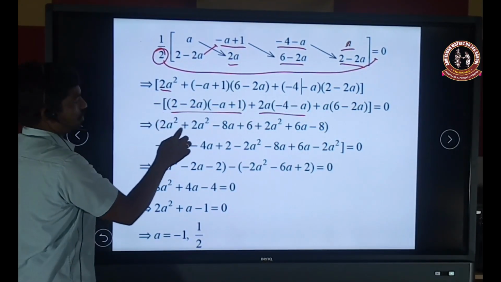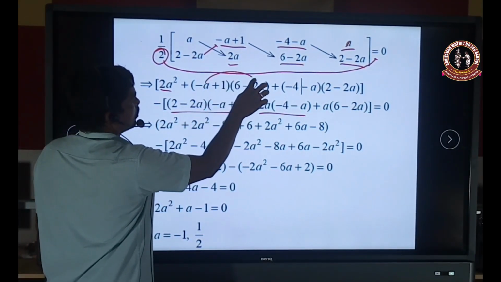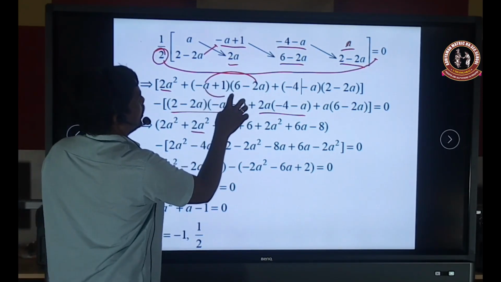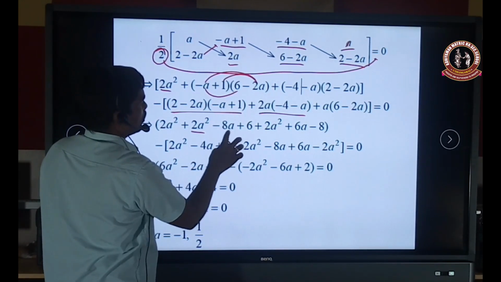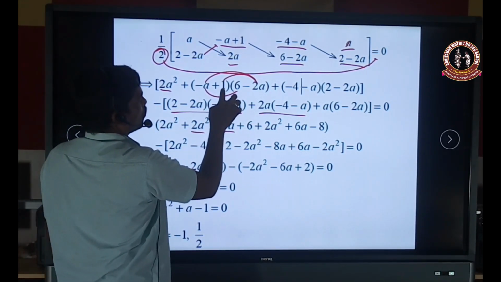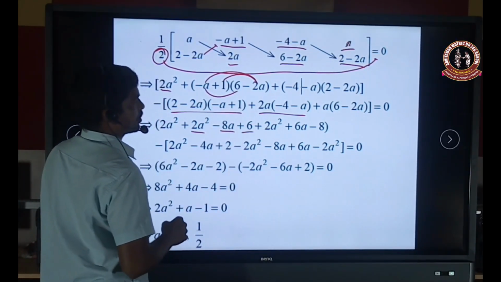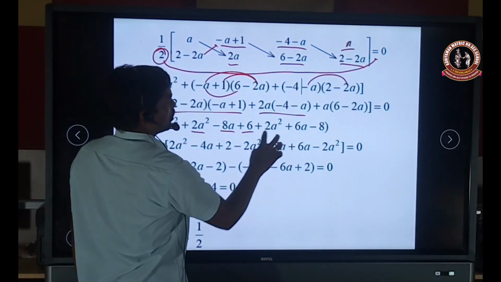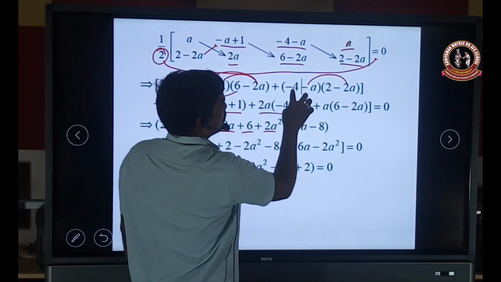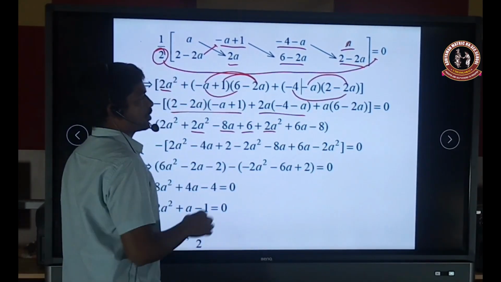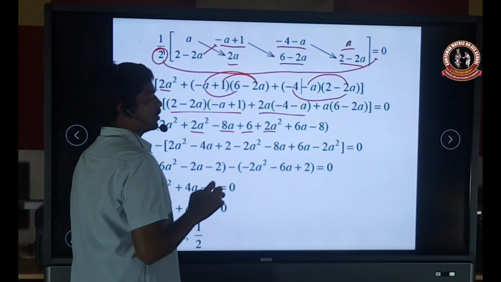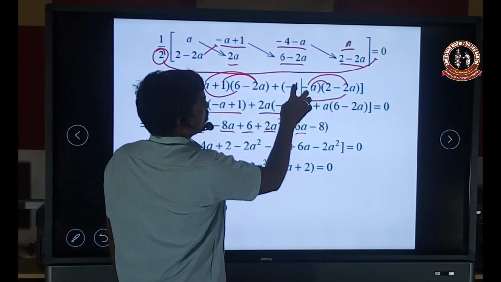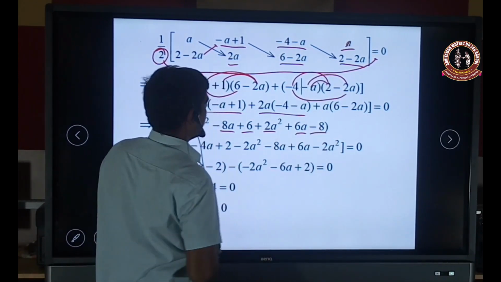Now 2a square plus, minus a into minus 2a equal to 2a square, minus 6a and minus 2a equal to minus 8a. 1 into 6 is equal to plus 6. Next minus a into minus 2a equal to 2a square. Next minus 4 into minus 2a equal to plus 8a, and minus 2a equal to 6a. Next minus 4 into 2 equal to minus 8.